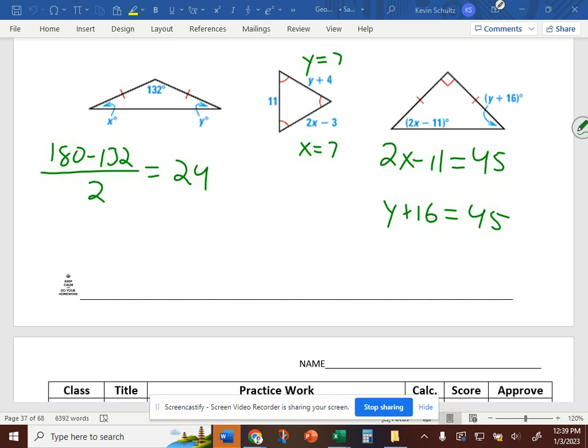The last thing you said is key. We know they're both equal to 45. Therefore, we can set them equal to 45 separately. 2x minus 11 is 45, which means that x equals 28. And y plus 16 is 45, which means that y equals 29. Okay?